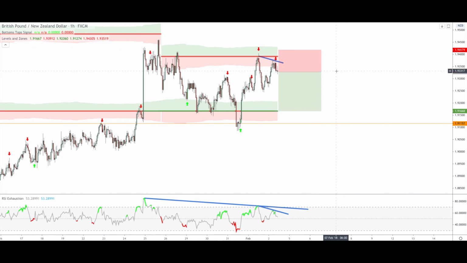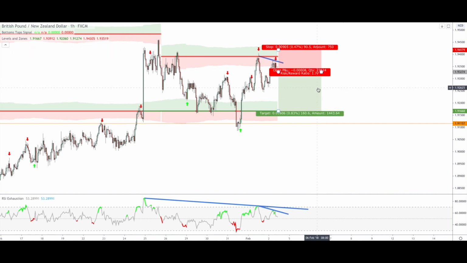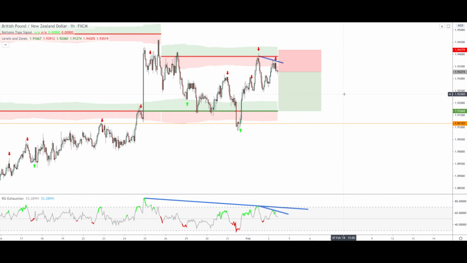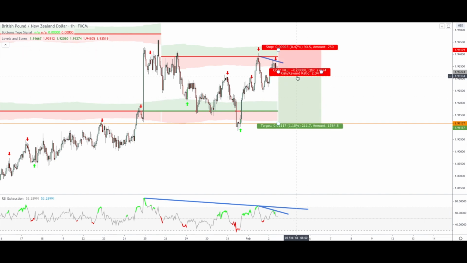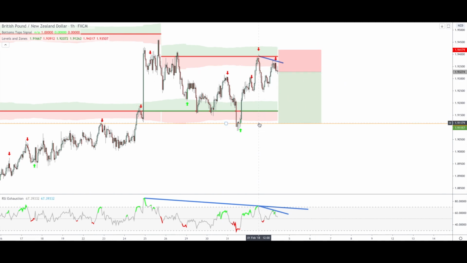I mean, this setup will be very, very safe. What I do today is to have my target here, so that it is higher than 2. The risk reward is higher than 2. Of course, I don't set the target just because I want it to be higher than 2. I set the target because I'm confident that the price can reach this level down here.